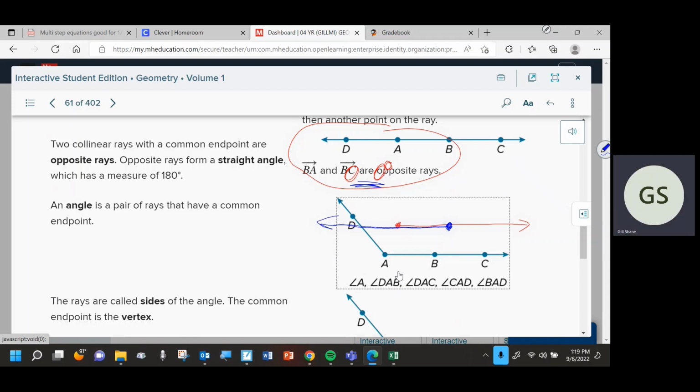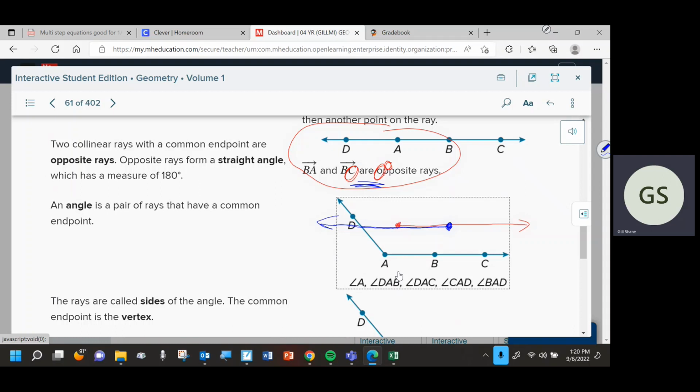Now I'm going back up to this one again. We kind of skipped down a little bit. If I take these two rays and open them, making them go in the exact opposite direction, now one is going out to the left, one is going out to the right. They still share that one point, but they are going in the exact opposite directions.